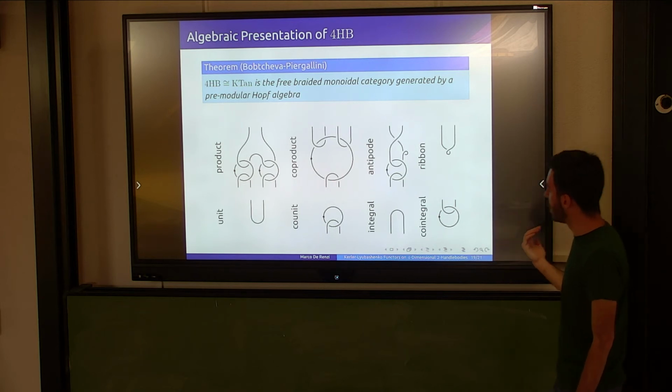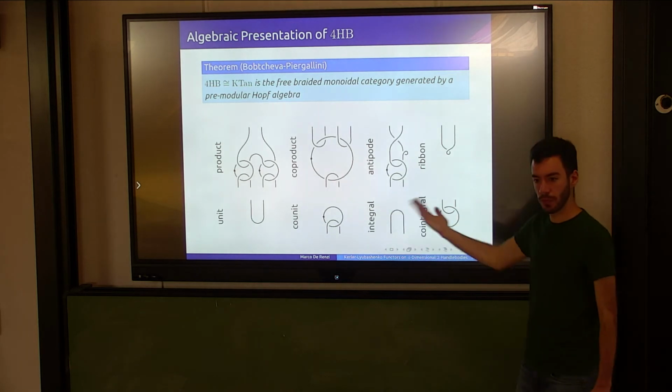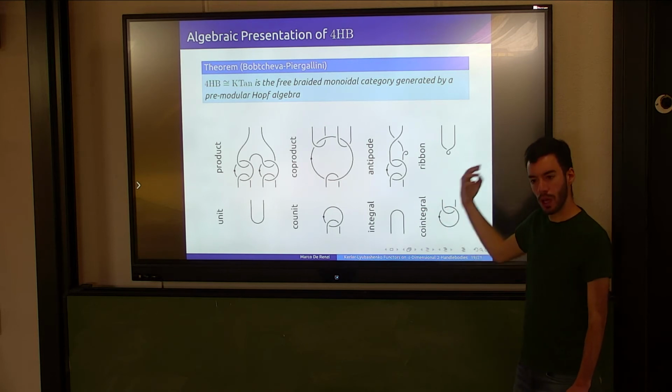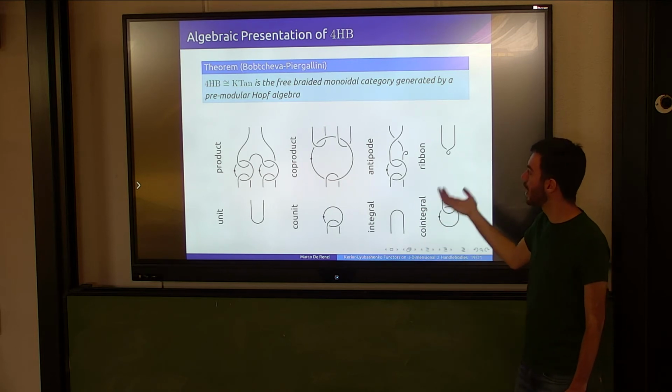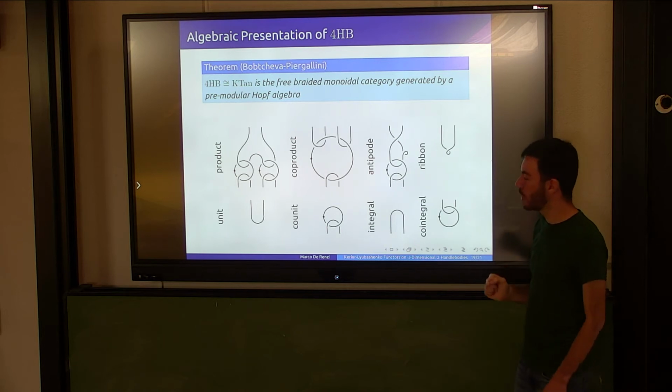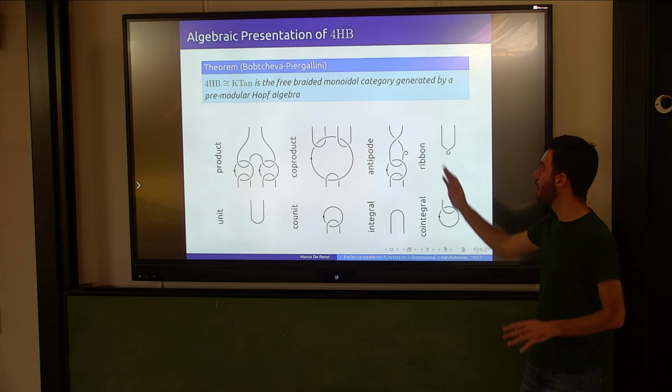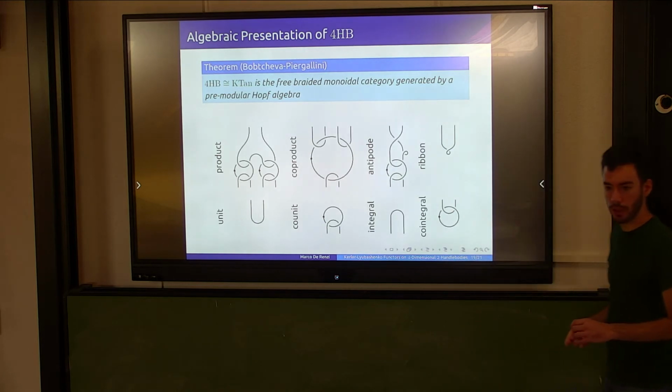And if you consider these structure morphisms, they satisfy the axioms of a pre-modular Hopf algebra inside this braided category. In fact, they completely freely generate the category as a braided category.